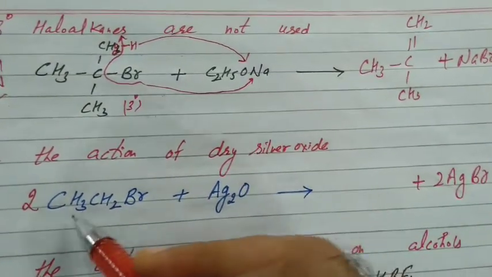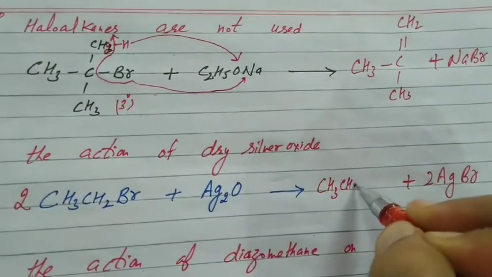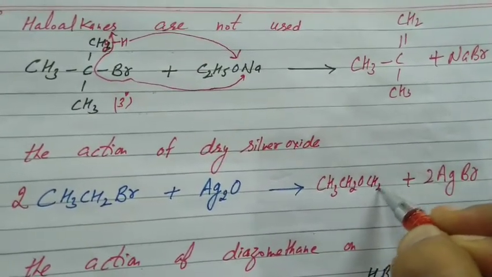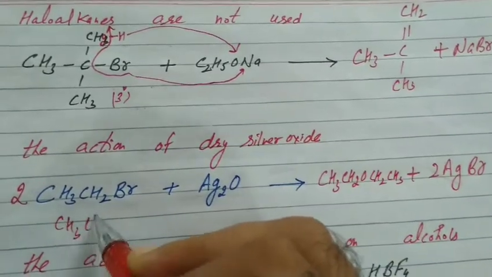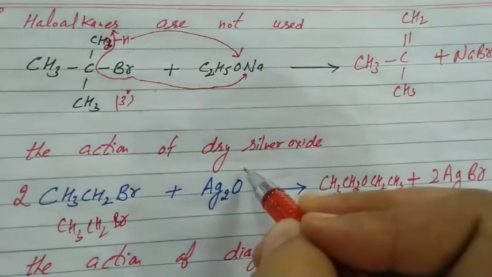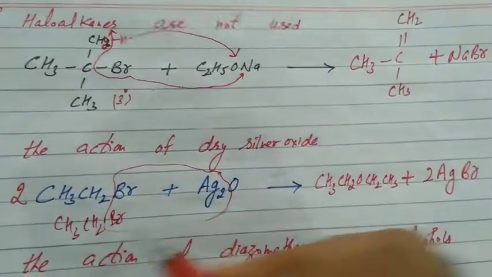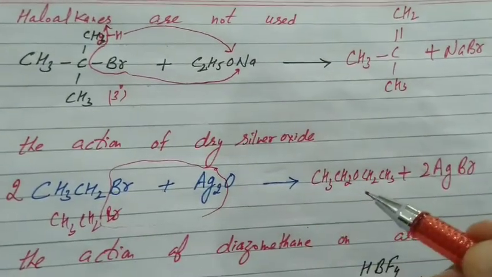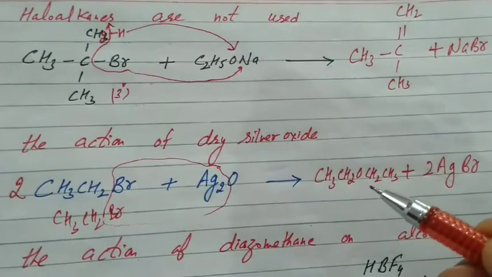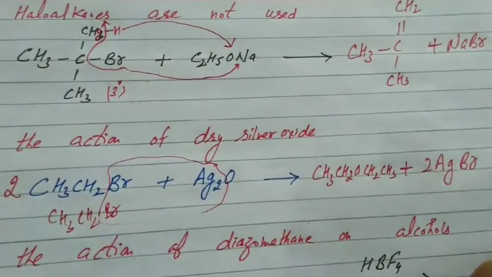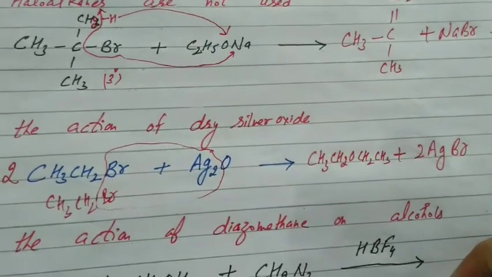CH3CH2O, CH2CH3, that is ether. Twice of CH3CH2Br participates. What happens? 2 AgBr eliminates and ether is obtained. Again, its limitation is only symmetrical ethers are prepared by this method because it's bimolecular. Both haloalkanes will be similar, so it always gives symmetrical ethers.